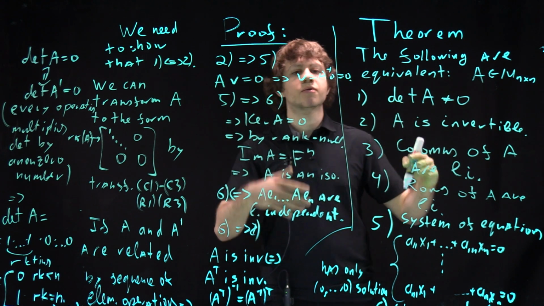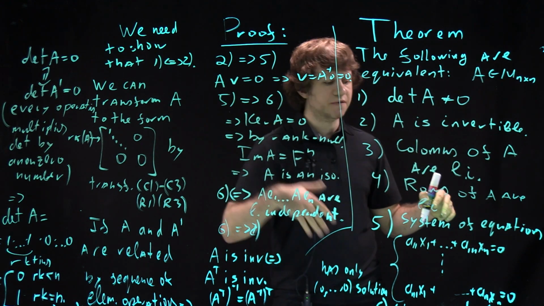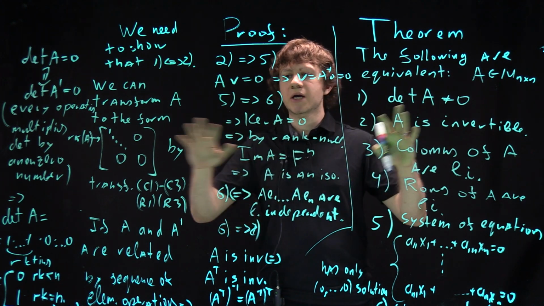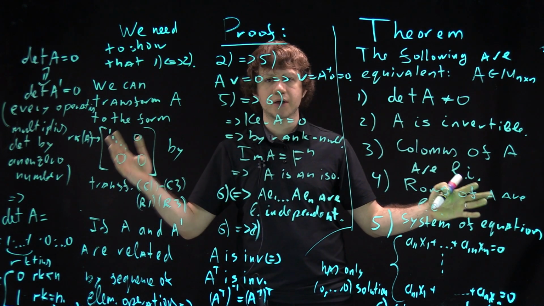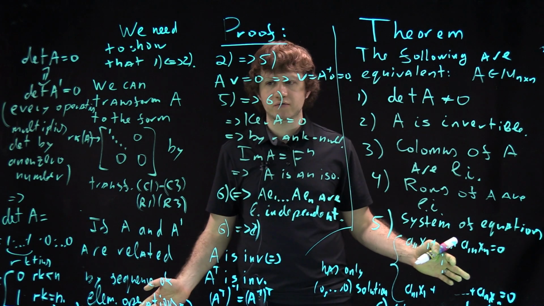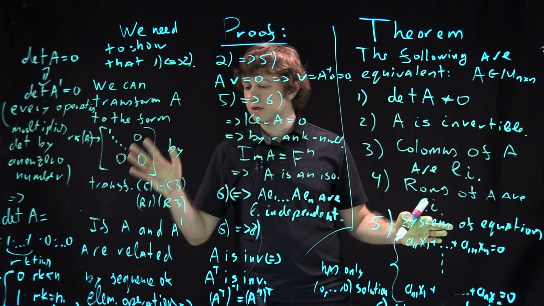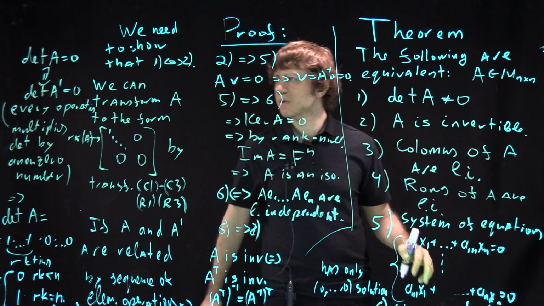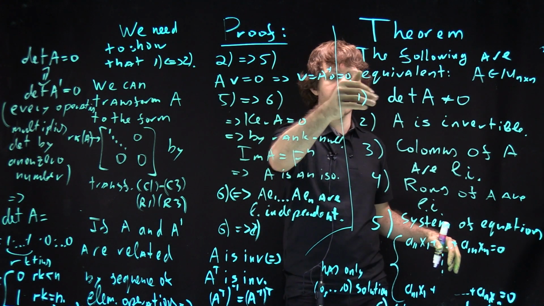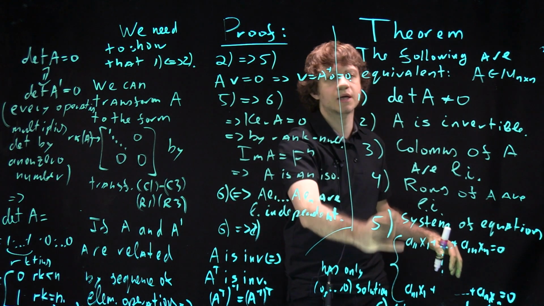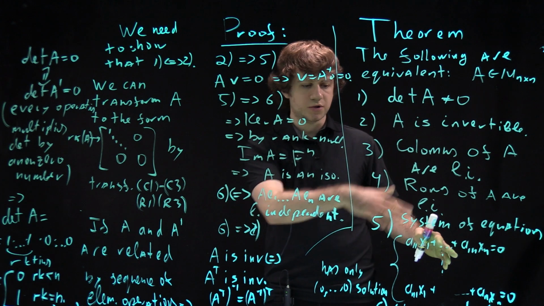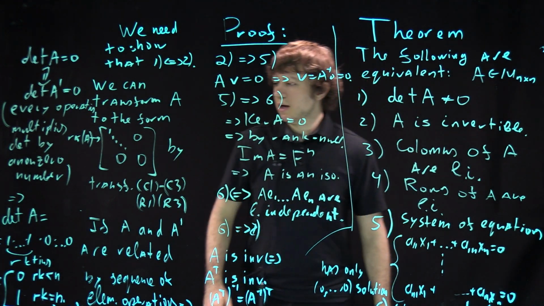A linear operator is an isomorphism if and only if it is injective, if and only if it is surjective. In general, that's not the case for more general maps between spaces of different dimensions, but if the dimensions are the same, then it is true. Okay, so we have proven this theorem, and everything here is more or less obvious except the first one, and I just did it for completeness because it's really important stuff.